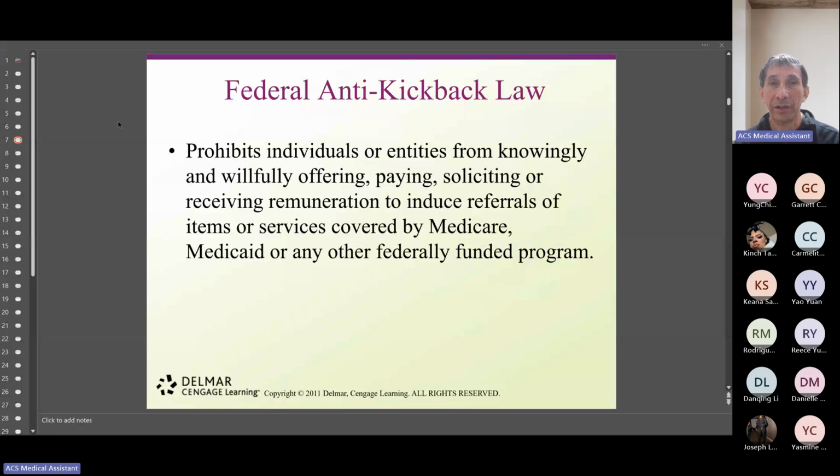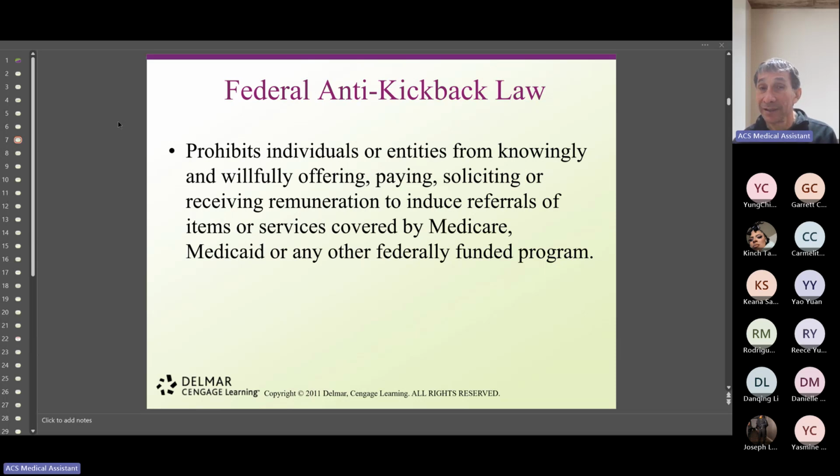That is illegal. That's called the anti-kickback law. This is a kickback. A kickback is, you kick me and I kick you back. So if you refer me your patients, I'm going to compensate you for that through money, gifts, any kind of compensation. So that's basically what it is.